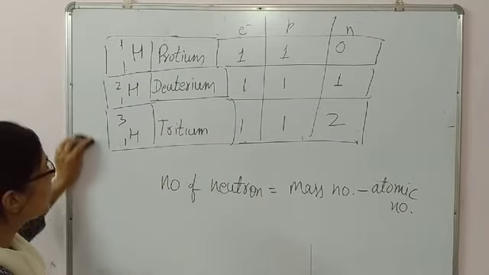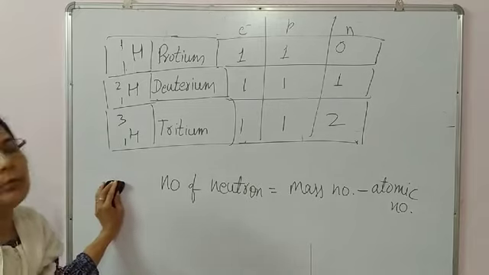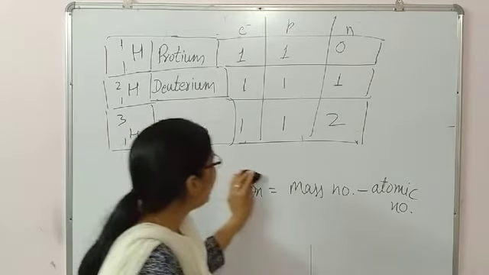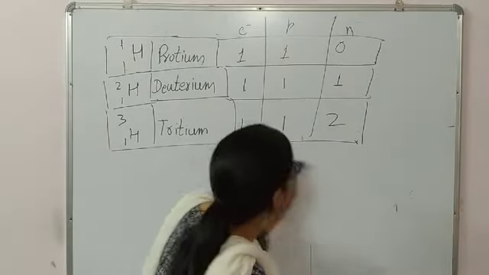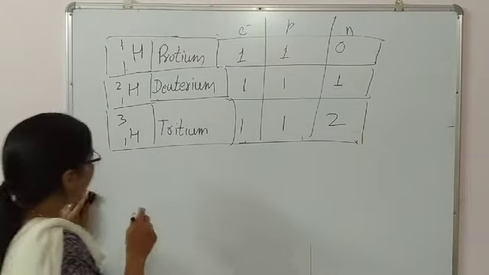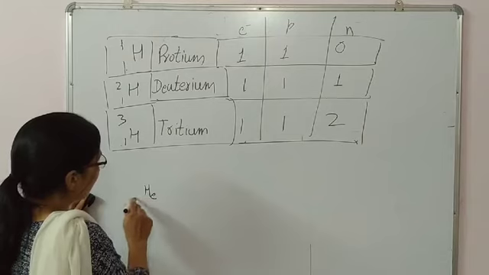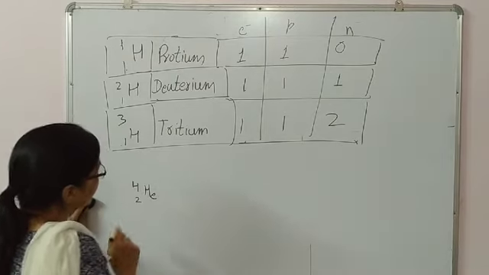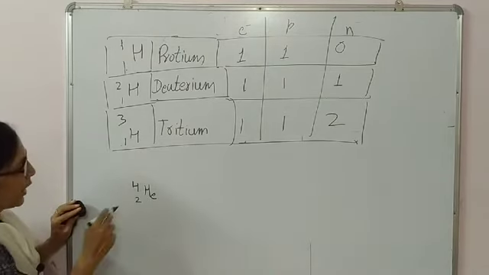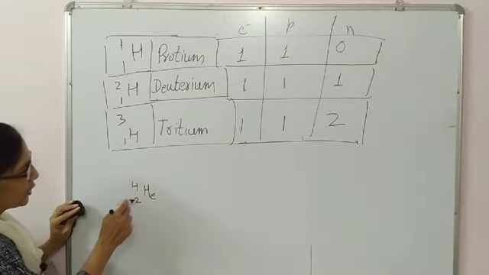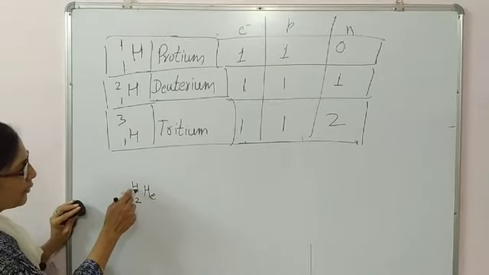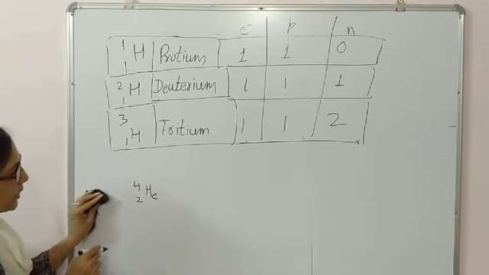In the same manner, earlier we have studied about alpha particle. Alpha particles are the particles known as helium atom nuclei. So their representation is 2He4, as they have 2 protons and 4, that is the mass number.